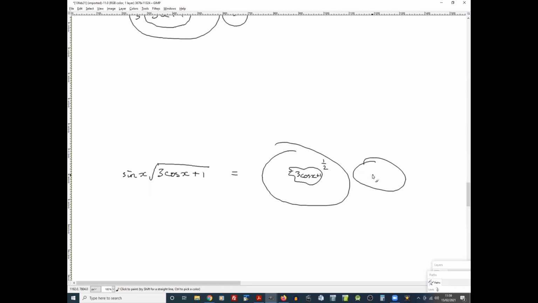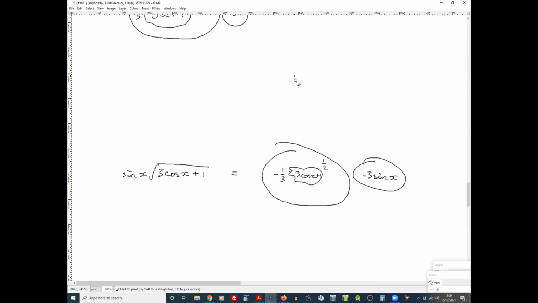That would have to be 3 sine x. Careful. Minus 3 sine x. Minus 3 sine x. Good. In which case, the whole thing, so they're equal, we would times it by minus a third.